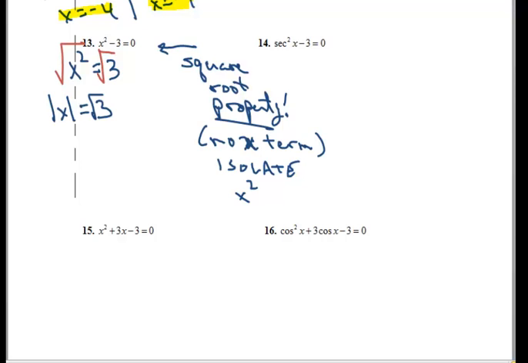However, if you remember when you solved absolute value equations, what did you have to do? You had to separate this then into x equals positive square root of 3, x equals negative square root of 3.